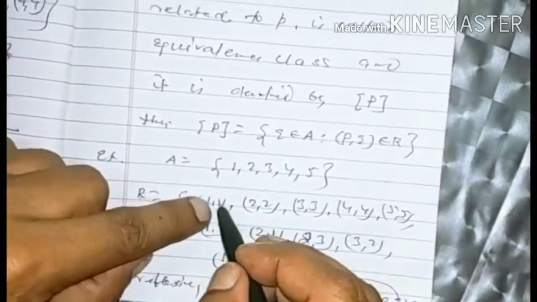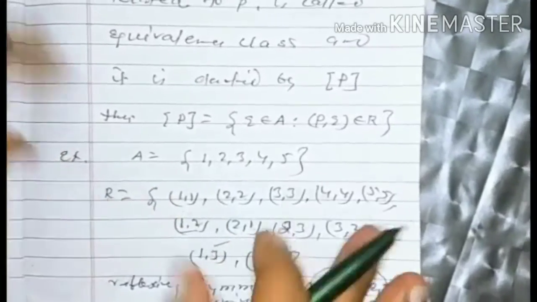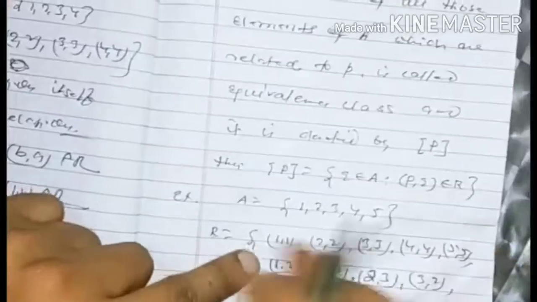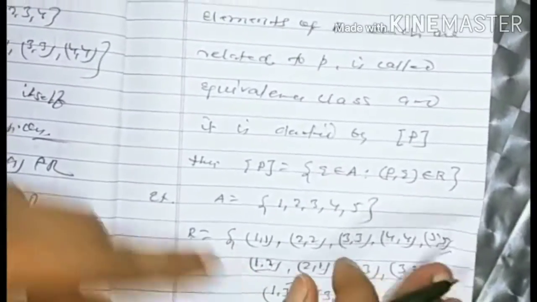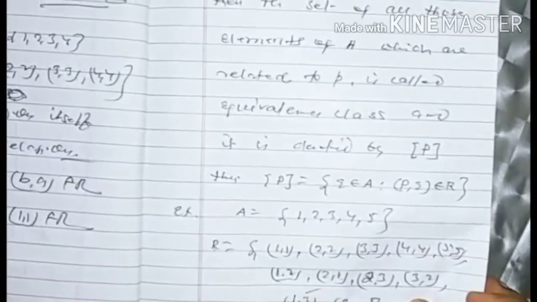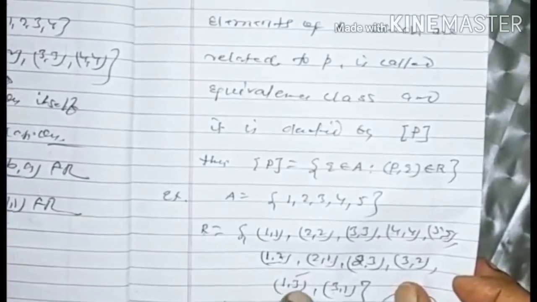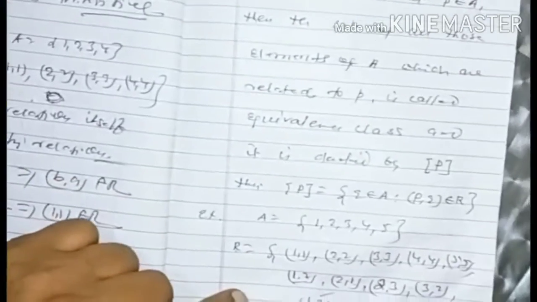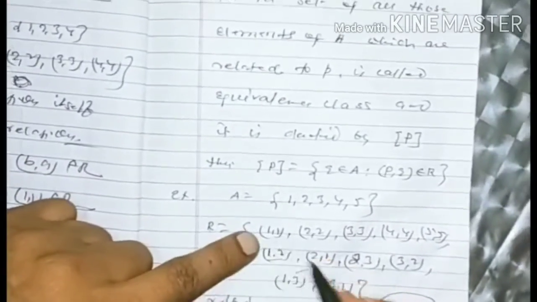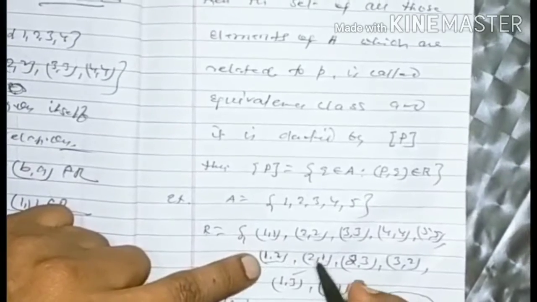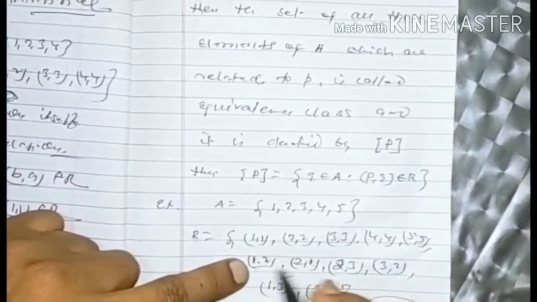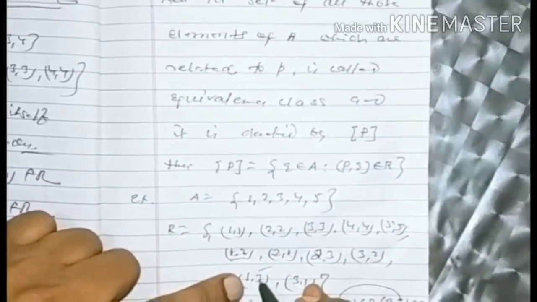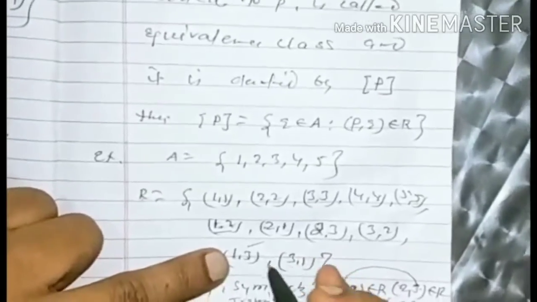Therefore, equivalence class of element 1 means 1 related to which? 1 related to 1, and also 1 related to 2, and 1 also related to 3. 2 related to 1 is the same thing, and 3 related to 1 is the same.